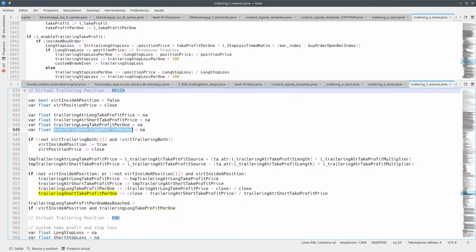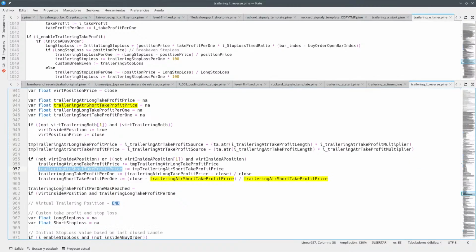Okay. Now we have these new variables, which is what we had before. So this profit and this profit, and here we have this other variable. But the difference is that now this saves its value on each one of the trades.